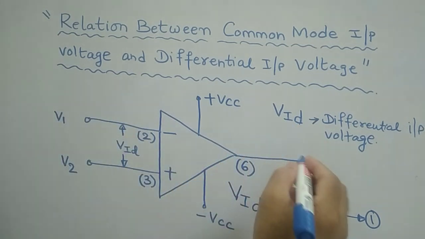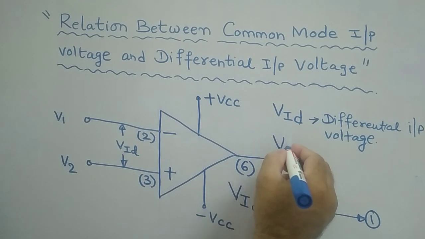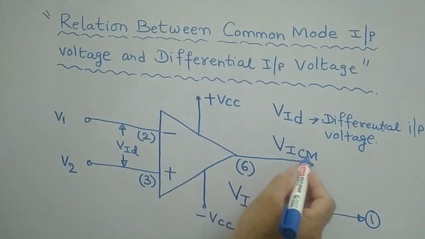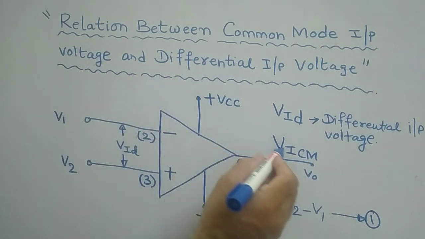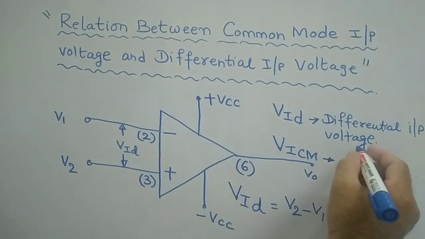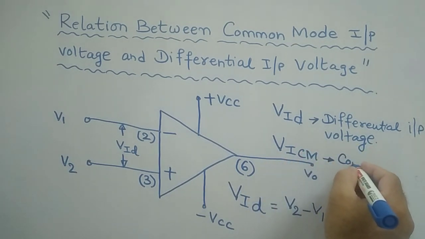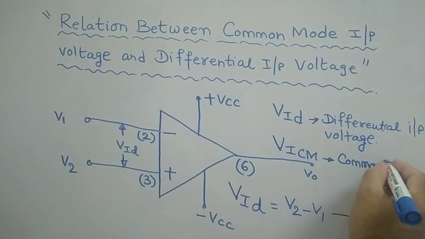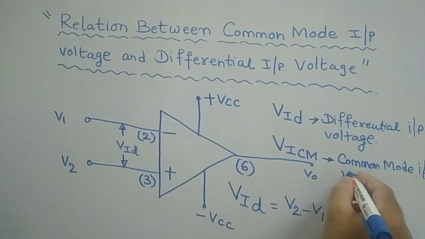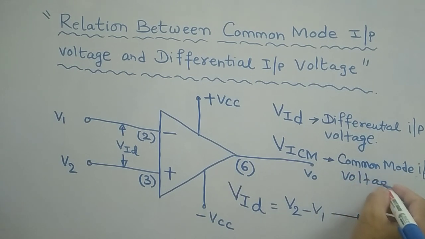Similarly, if you indicate VI suffix CM, CM means this is the common mode input voltage.